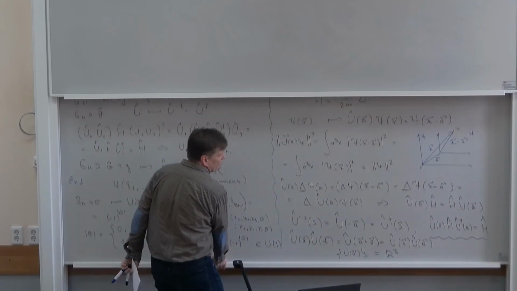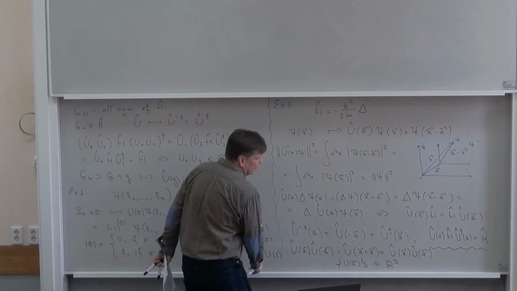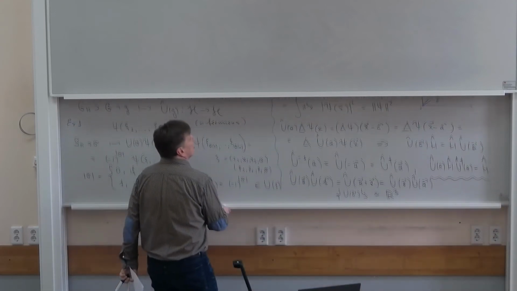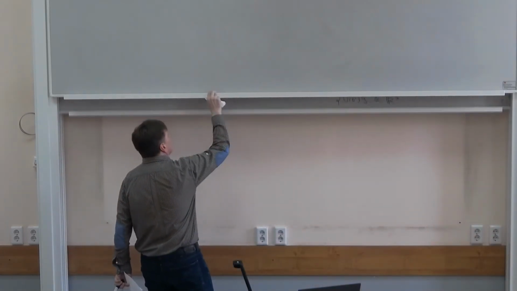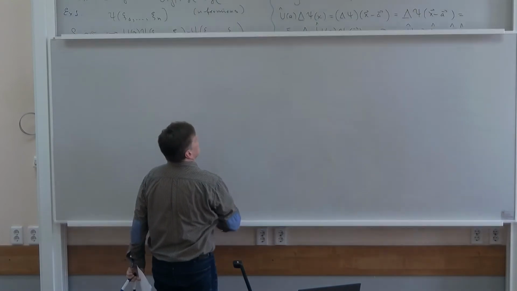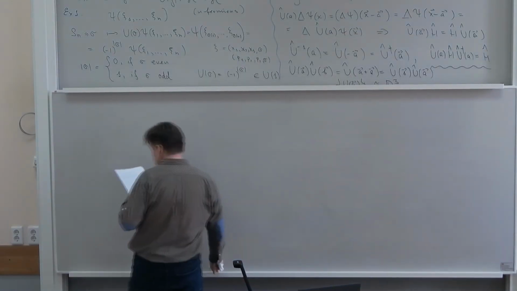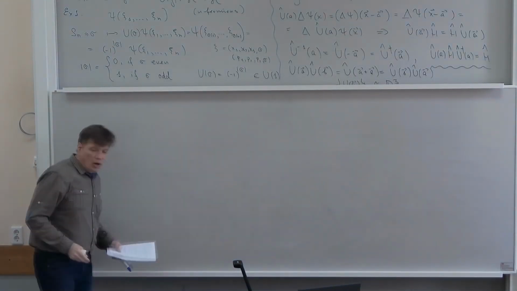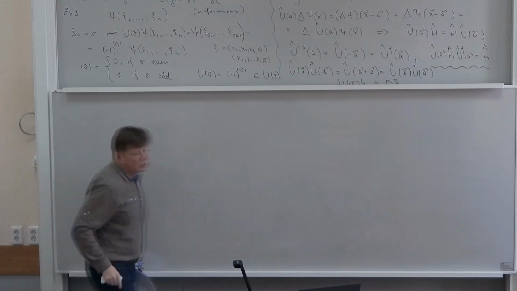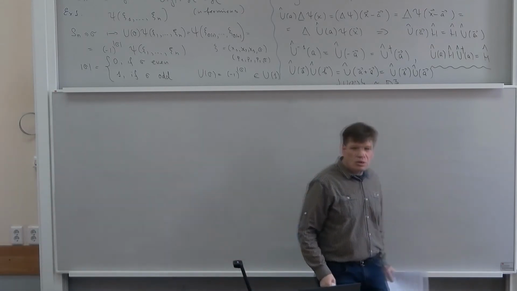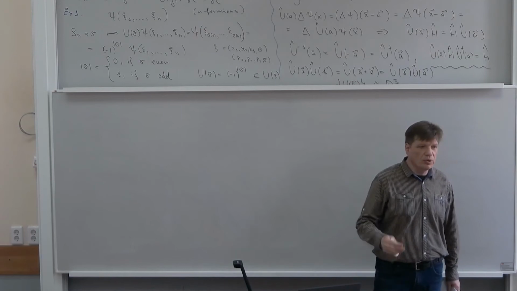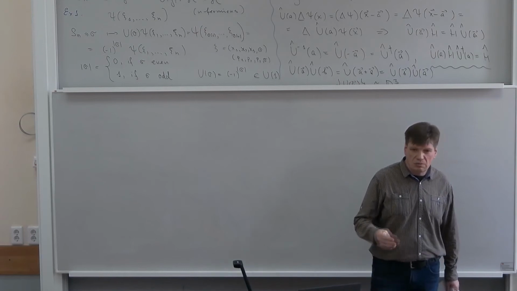But before that, let us consider another example. Let us suppose that our particle is exposed to the action of a periodic force or periodic potential. It is not free anymore.